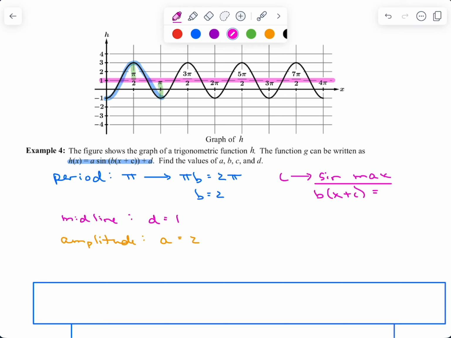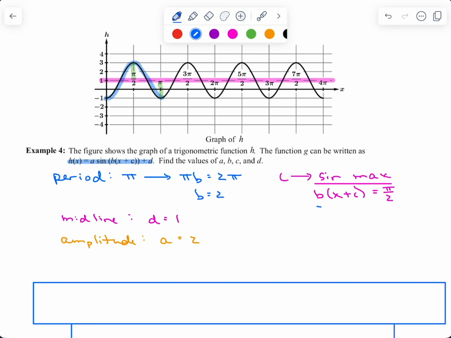Normally, if it's a sine function, then that max is going to be at pi over 2. In this case, I'm sorry, it is at pi over 2, but we started at its low point, instead of starting at the midline and then moving up. That's what affected this.